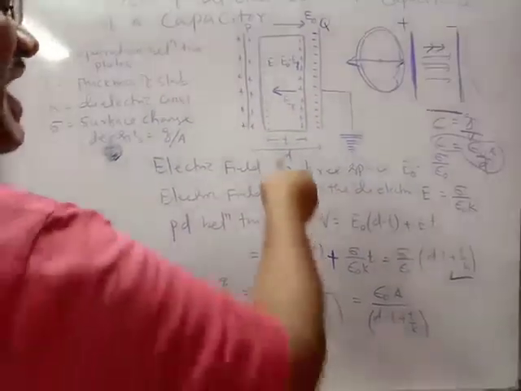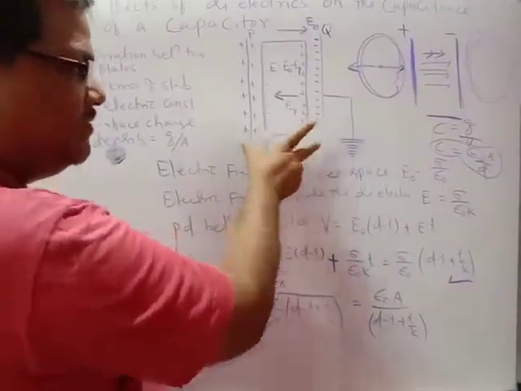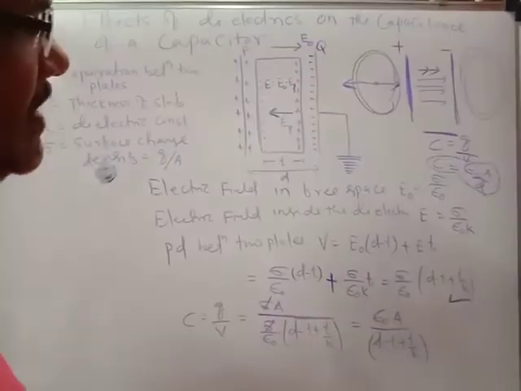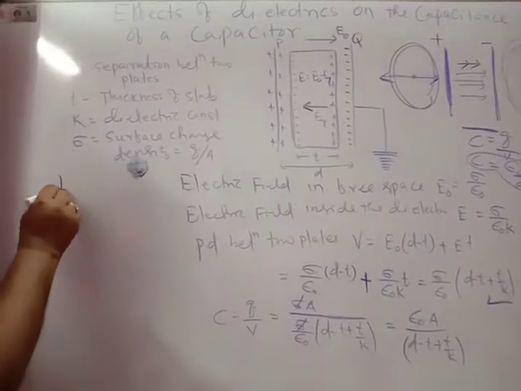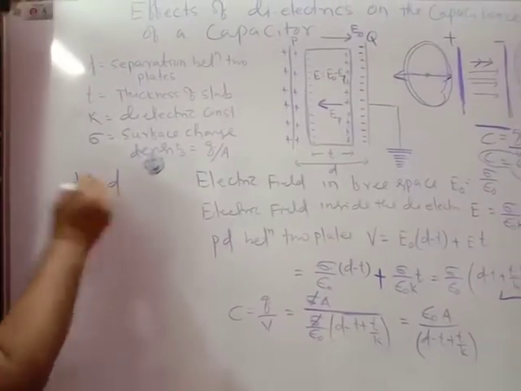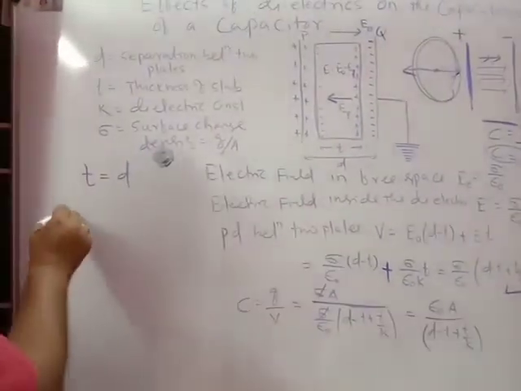If the slab is packed completely within the two plates, that means T equals D, so what will be the C?